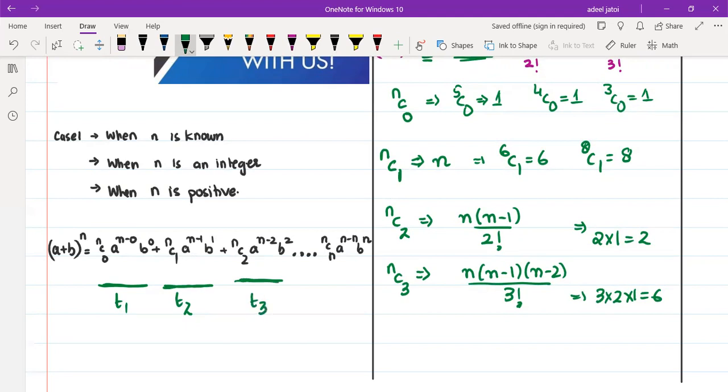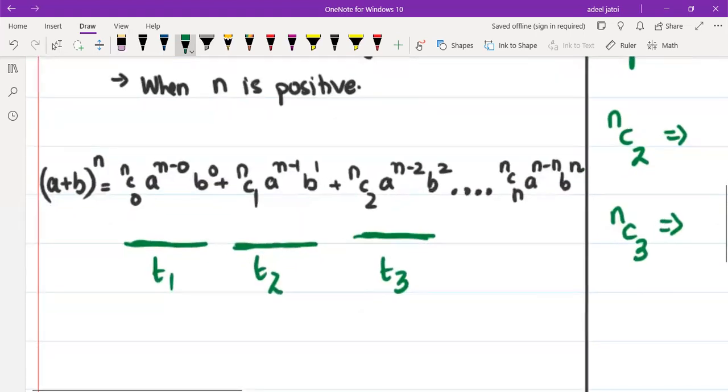Generally, if you see this formula, you will notice one thing. For suppose term 1, what does term 1 represent? Term 1 represents 0. And this 0 is basically the power on b. That means for each term, you will have a power which is 1 less than the term.